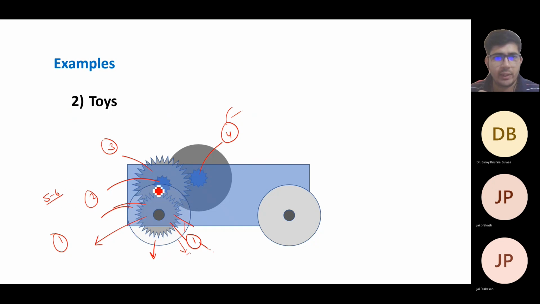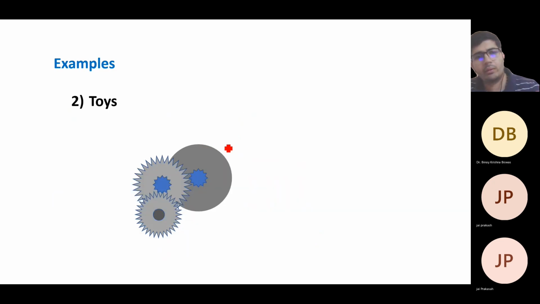Gear 2 is connected directly with gear 3, so that RPM is transferred to gear 3, and gear 3 is connected to gear 4. In this way, the flywheel gets the energy and can store it, and that can also be released when you release the toy. So this is the arrangement.